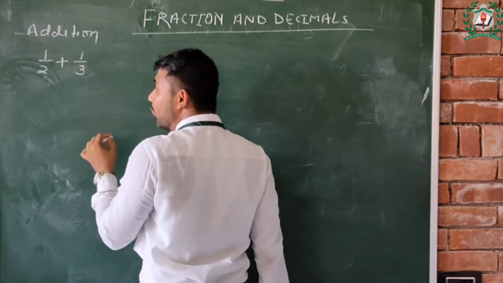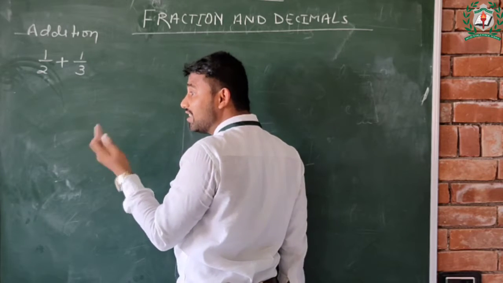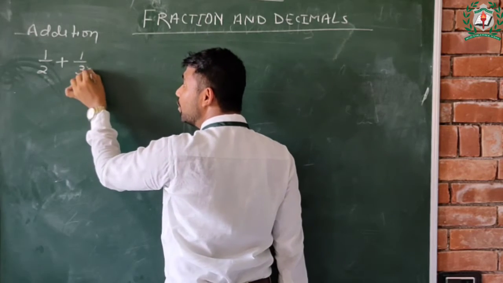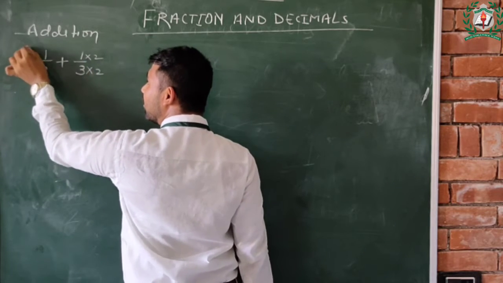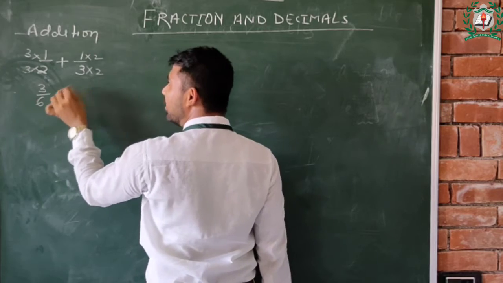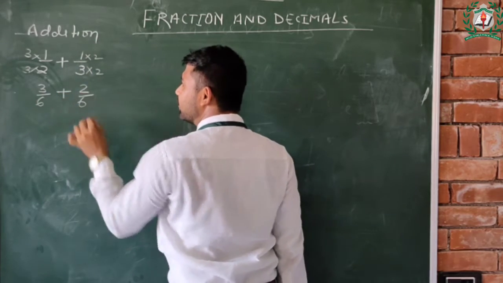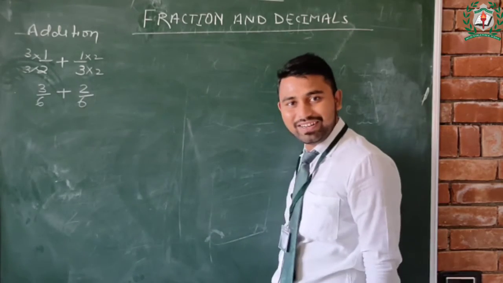If you want the denominators to be the same, you have to multiply by 2 here and you have to multiply by 3 here. So there will be 3 1s are 3, 2 2s are 4, no, 3 2s are 6, plus 2 upon 6. So 6 is the same denominator.